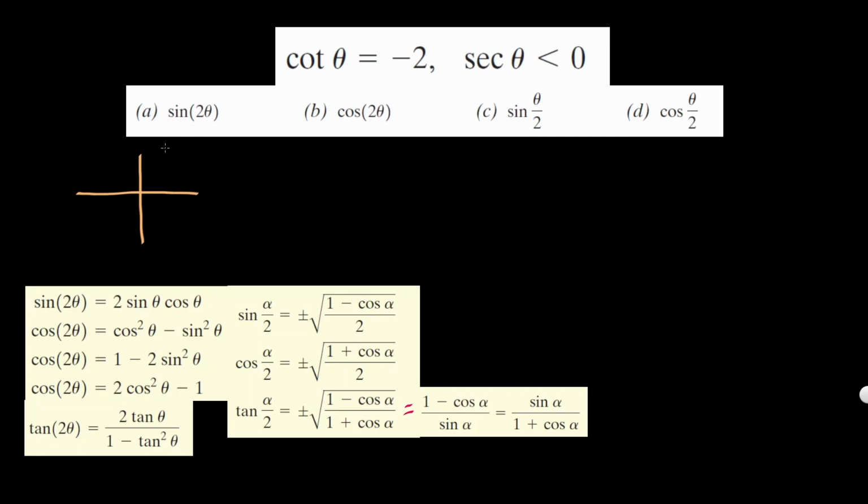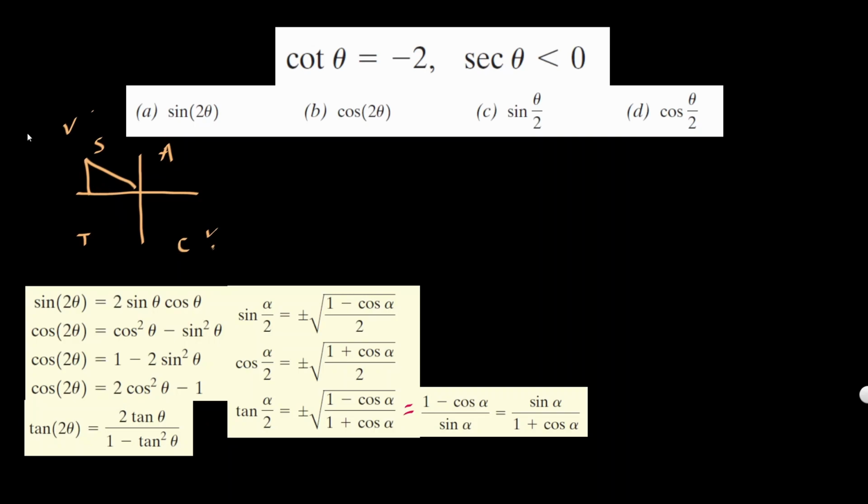Okay, so if we go, all students take calculus. Tangent negative is over here and over here, but then at the same time, secant, which is 1 over cosine, has to be negative. So here it's going to be positive for cosine or secant. Negative secant is here. So we know it's going to be in the second quadrant.